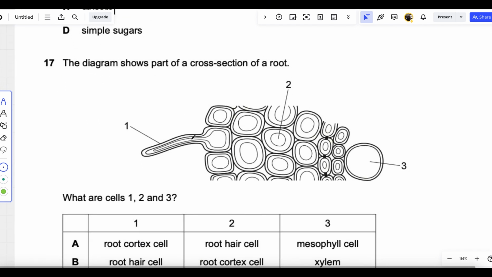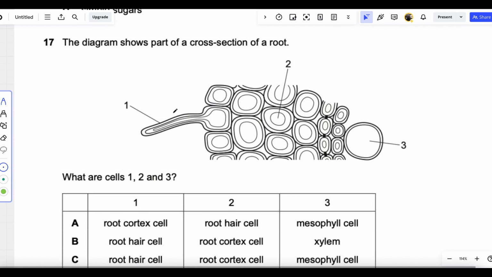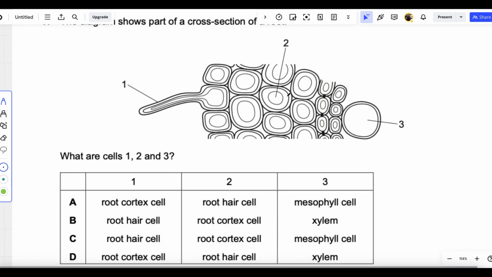Now we move to the next question quickly. Question number 17. We say, the diagram shows part of a cross-section of a root. This is a root, right? Here you have the root hair cells that will absorb the water and mineral ions, and that will help in the absorption of water and mineral ions into the xylem. Now let's see, what are the cells? 1, 2.